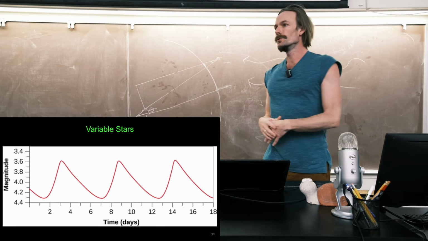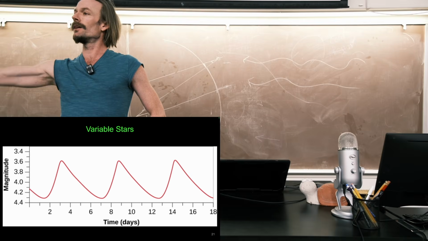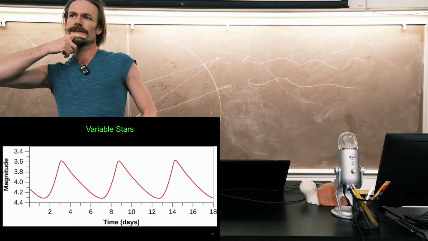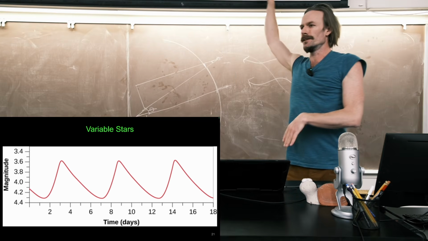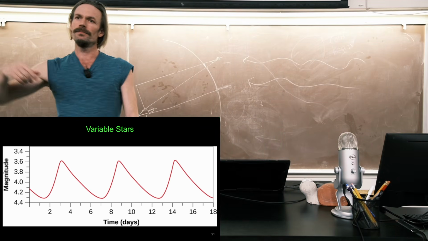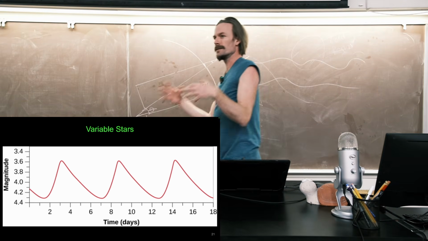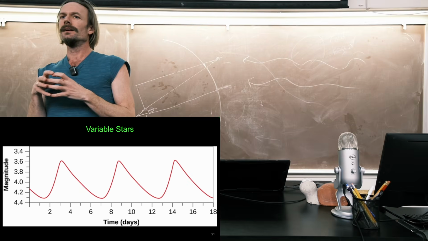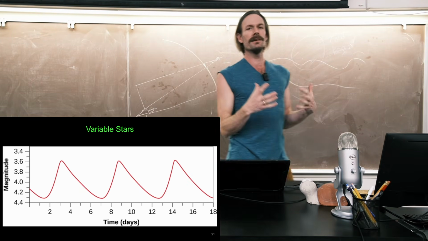And through parallax measurements, we could figure out basically how far away that Cepheid cluster was. So when people started seeing these same light curves, the periodic brightening and dimming, in other stars that weren't in that same nice nearby parallax region, they thought, okay, those are the same kind of stars. They're like these Cepheid variable stars.